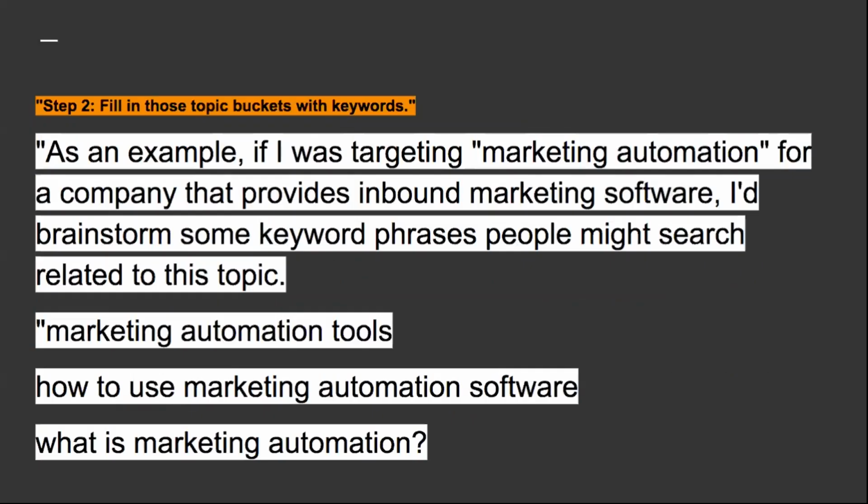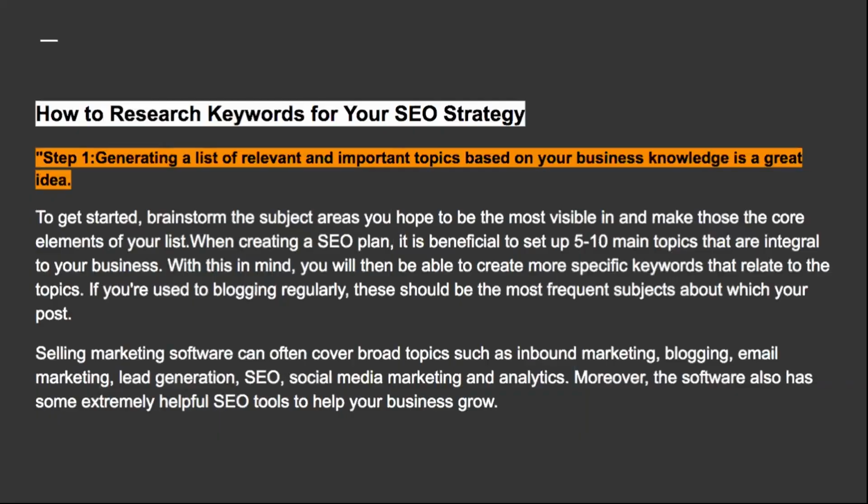So the next slide says, as an example, step 2, fill in those topic buckets with keywords. Now we've talked about software marketing, and we've picked the topics we want to be writing about, which involves lead generation, inbound marketing, blogging, and email marketing.